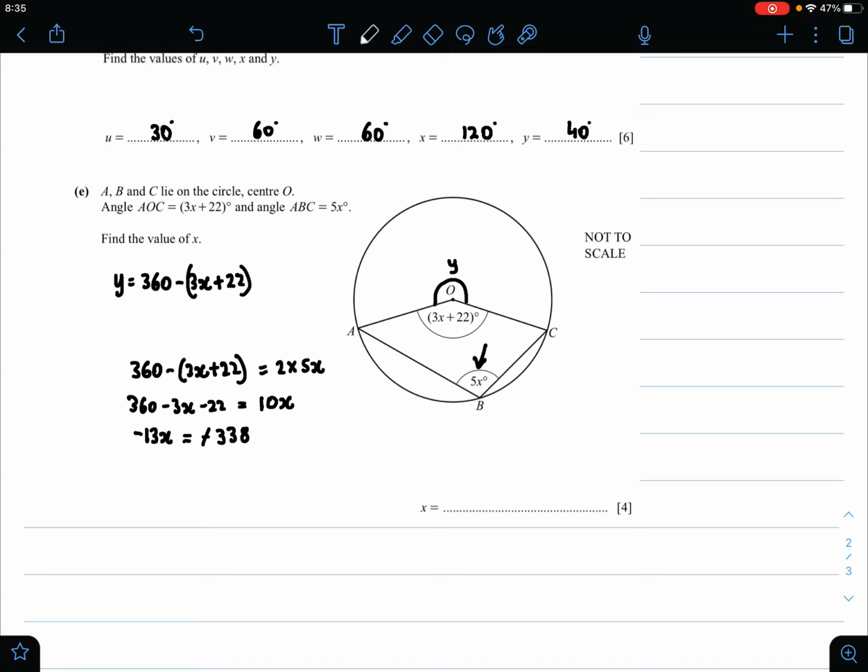Now we can cancel the two negative signs, therefore x will be equal to 338 divided by 13. You can simply put this in the calculator. So 338 divided by 13 is equal to 26. Therefore 26 would be your final answer for part E of this question.